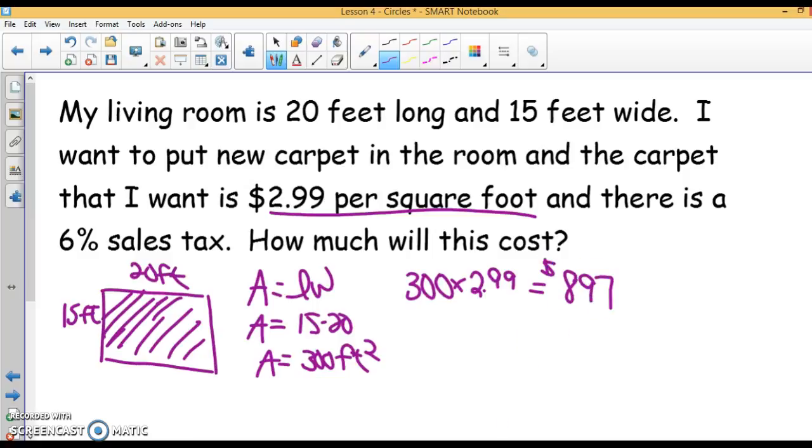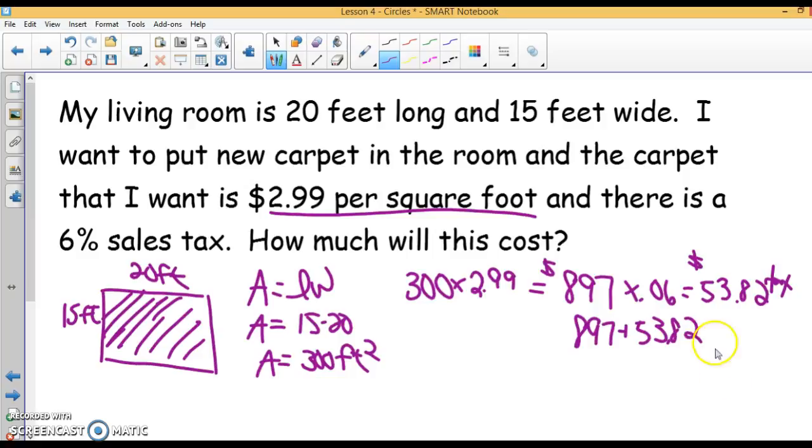However, there's a 6% tax. So, how do I find my total? Well, let's find our tax. I can do this one of two ways. I can multiply by 0.06, which gives me 53.82. This is a review. That's our tax. Tax makes something cost more, so $897 plus 53.82, you get $950.82.